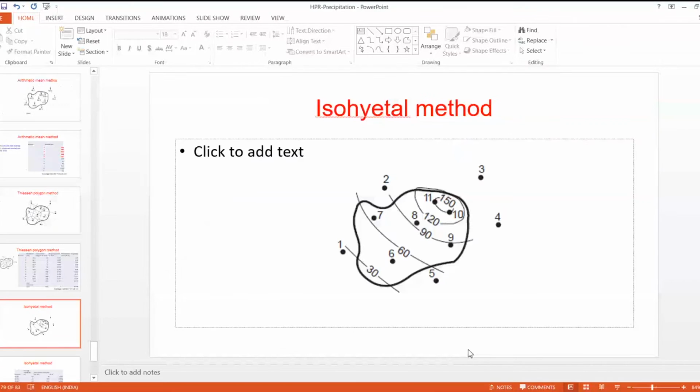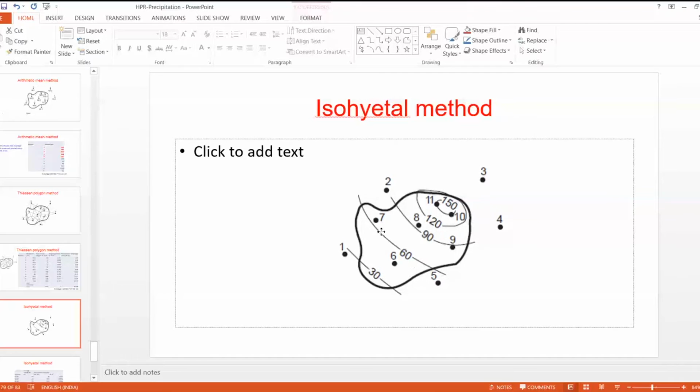The next method is the isohyetal method. In the isohyetal method, using interpolation, we draw contours of the same rainfall. You can see that here there is this contour, let's say number 1, which connects points of 30 centimeter rainfall.